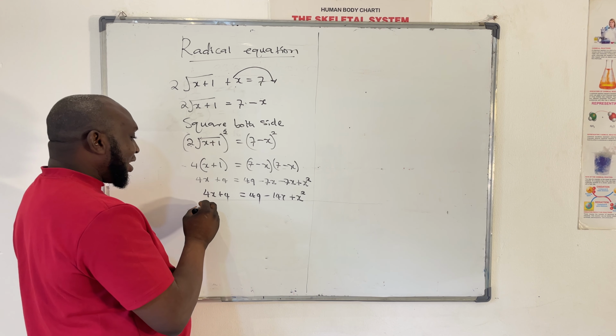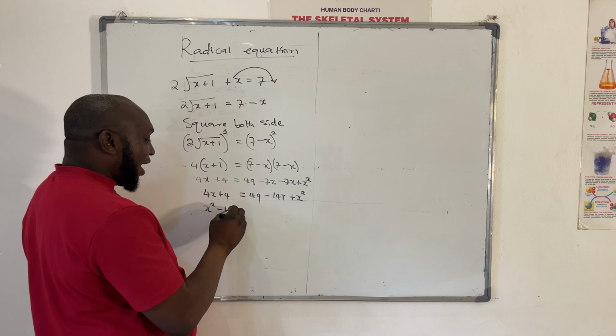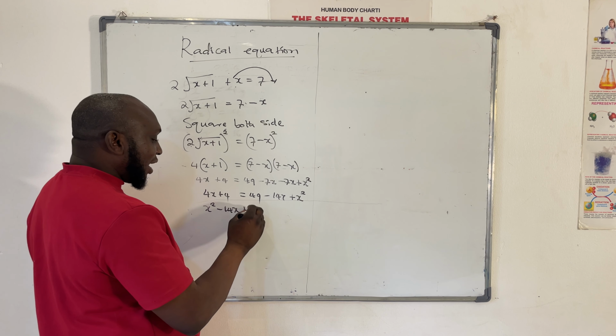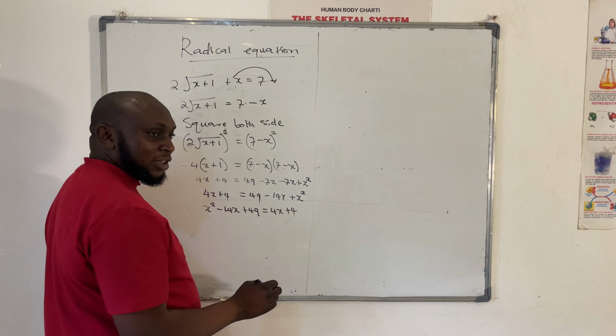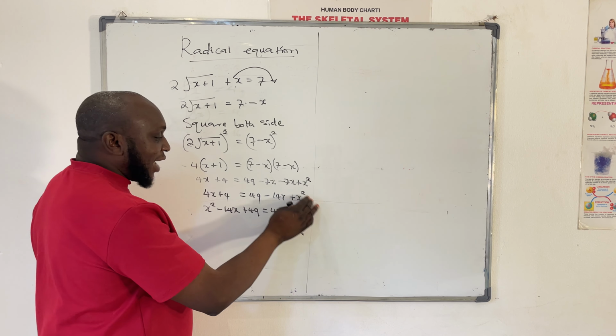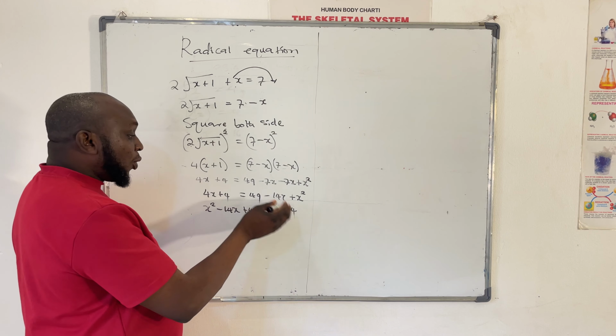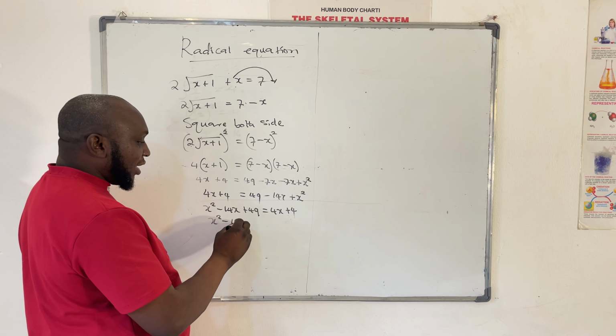Then we can still rewrite it as s squared minus 14s plus 49 is equal to 4s plus 4. Nothing happened to this, we just rearrange it. Take this one to this side and this one to this. Then we arrange this equation, we have s squared minus 14s.